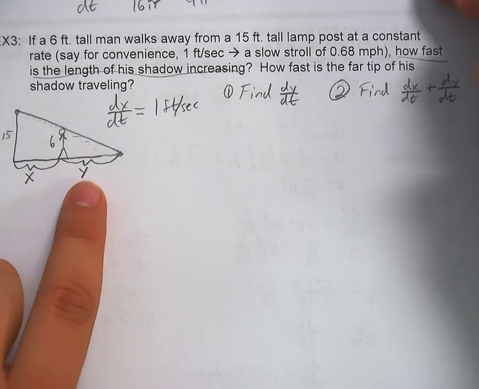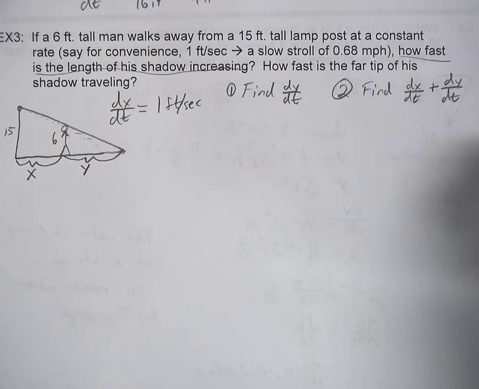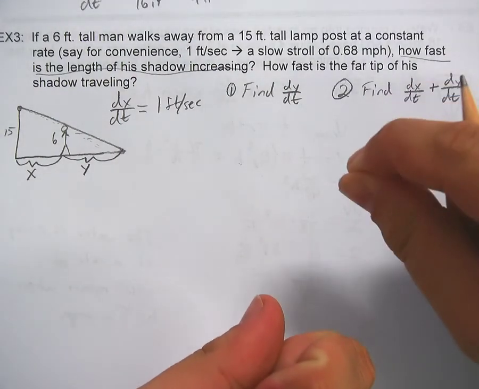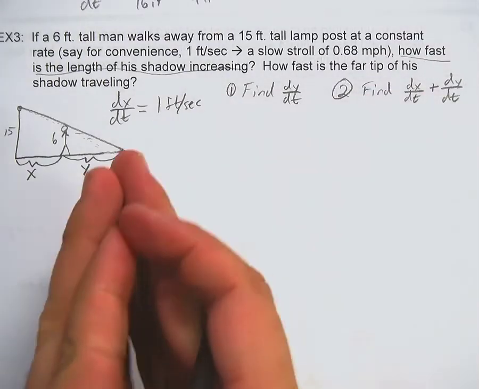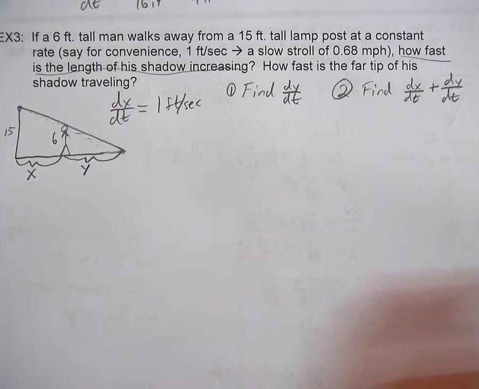So I've got two things going on. I've got his shadow changing. I've got his distance from the light pole changing. So to find how fast the tip of his shadow is changing, I've got to add how fast he's moving plus how fast his shadow is moving. That will give me how fast the end of his shadow is going.